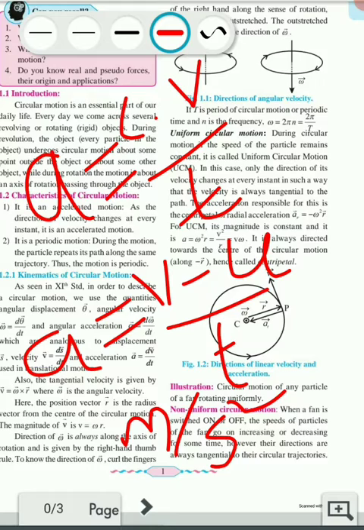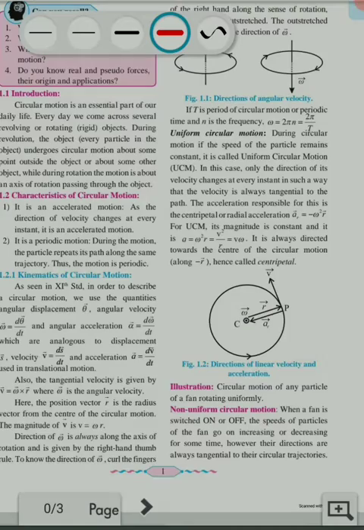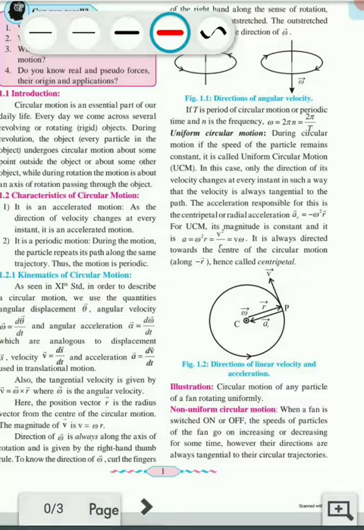Friends, in this chapter mainly we introduce circular motion, because circular motion is part of rotational motion.